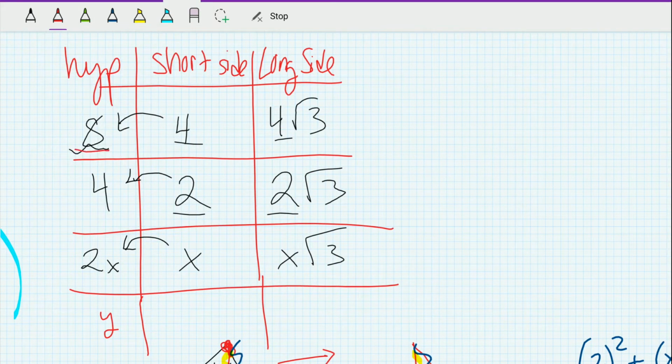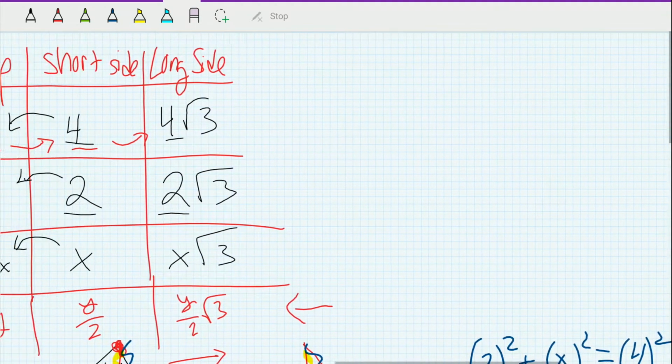To go from the hypotenuse to the short side, we divide it by 2. And then how do you go from short side to long side using the pattern? Well, you just use the exact same number. So it'll be y over 2 times square root of 3. And that right there is the reason why people don't do it this way. It's just because it looks harder. I mean, it's really not. It's the same exact thing, but whatever works for you, okay?